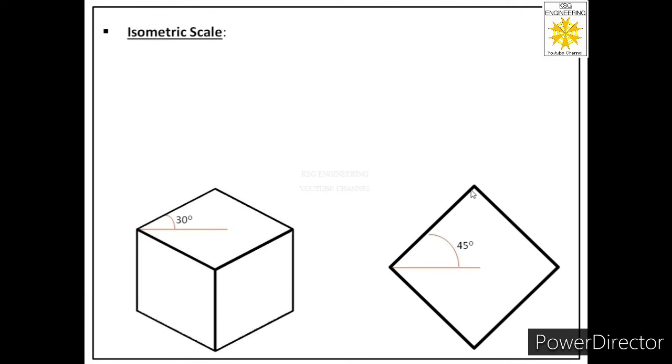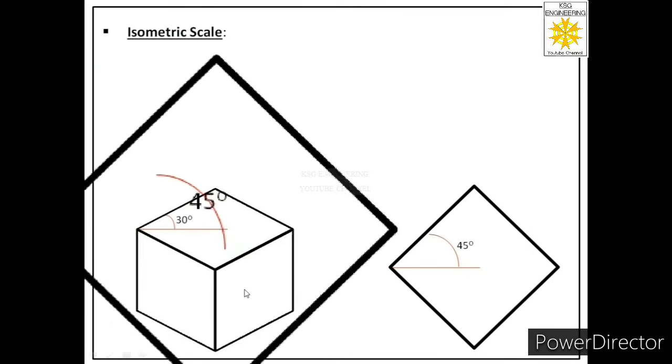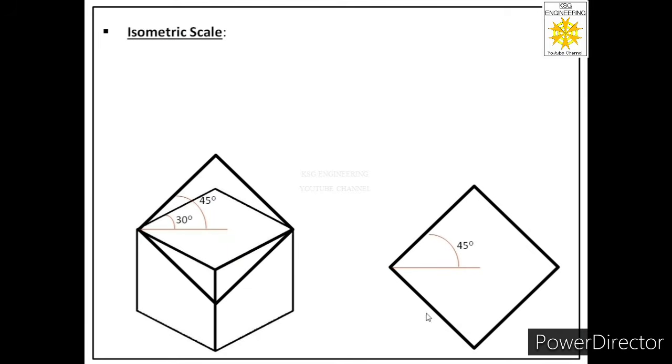So let me represent this face over here in order to understand the fundamentals better. So we have represented this face over here. Now you can see this is the true length or true edge of the cube, which is of 50 millimeters. But in the previous slides we have learned that in isometric projection edges are of 82% of the actual length.